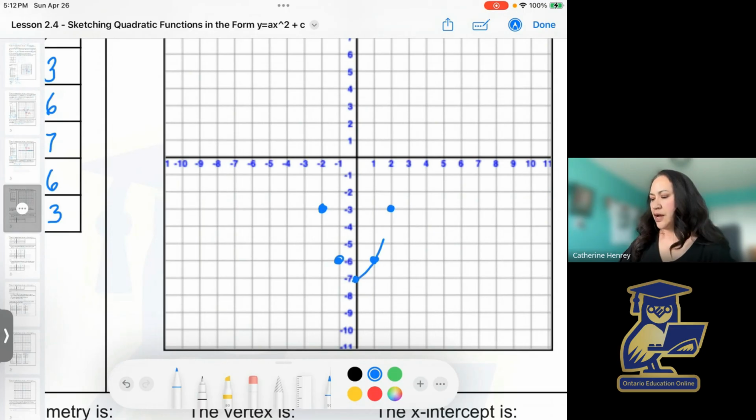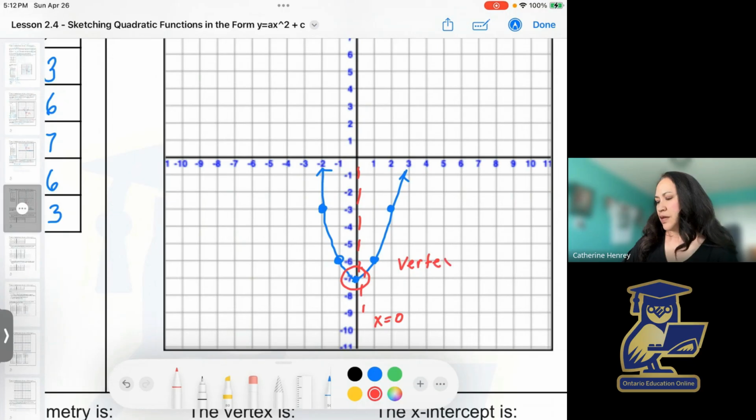And so our graph looks like that. Again, our axis of symmetry goes right through the middle, still x equals 0. Then we have our vertex located right here, and the vertex is 0, -7.